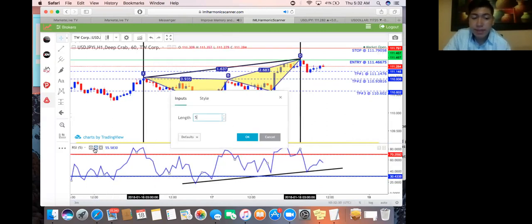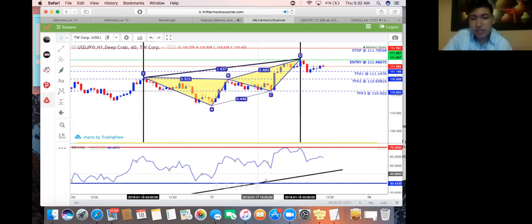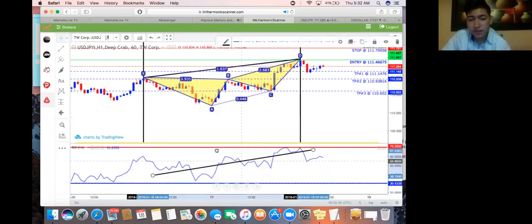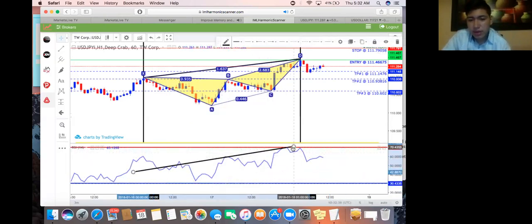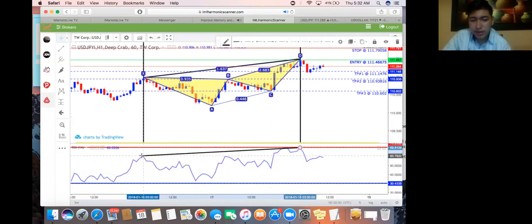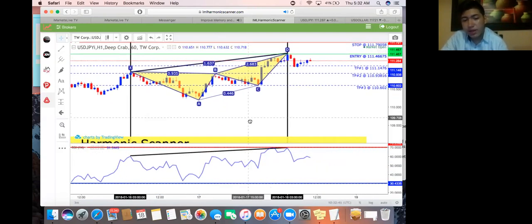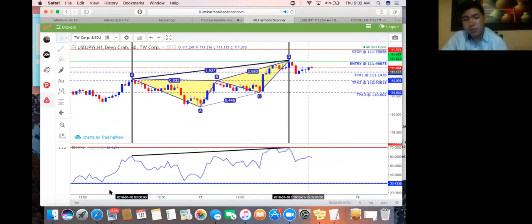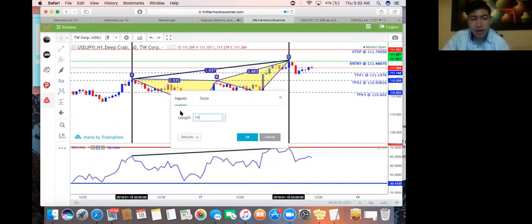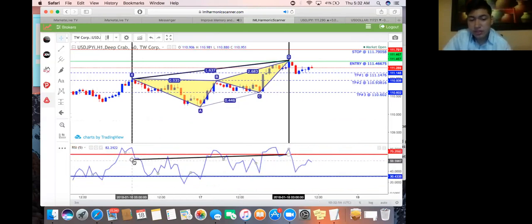It makes a big difference. Watch. If I put my divergence on 14, which is the default, and I draw my RSI from this point, from the X to the D, there is no divergence. It's still an uptrend, you see? There's no divergence, so I wouldn't have taken this trade, and I would have lost 30 pips. But if I put it on level 5, from the length, there is divergence, as you can see.